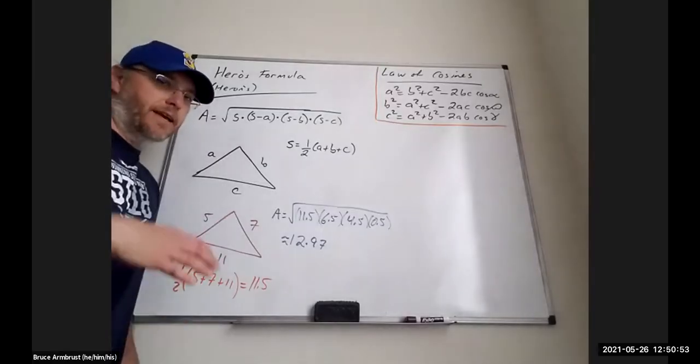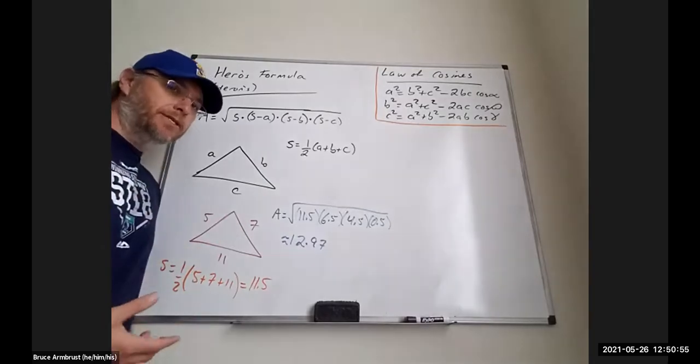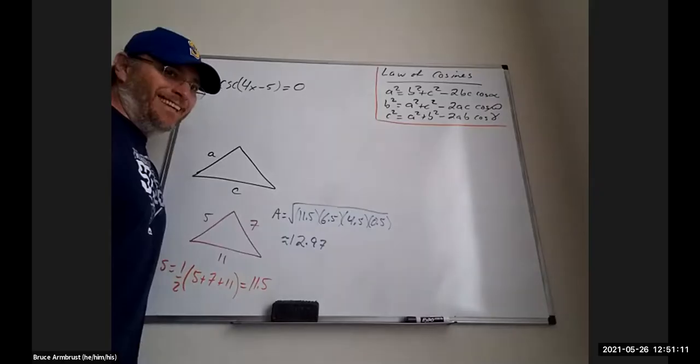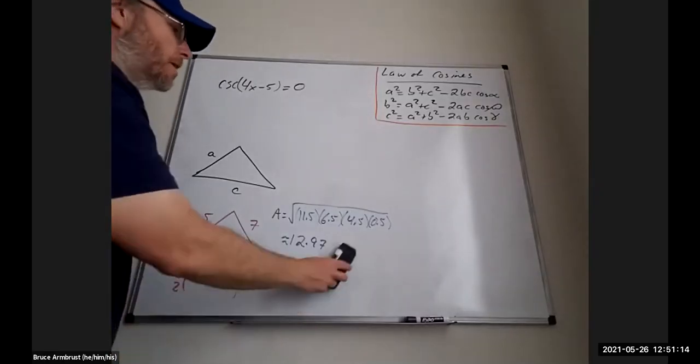Because I'm not at my computer, can you just tell me what the question is? Yeah, so it's cosecant of 4x minus 5 equals 0. Okay. And we're just solving it? Right. Okay.